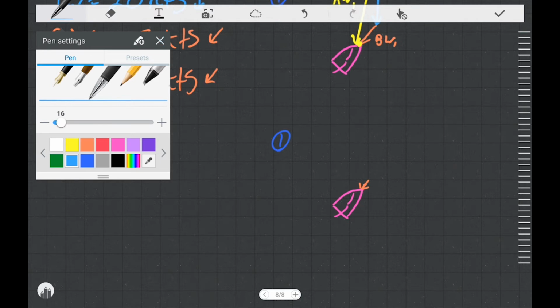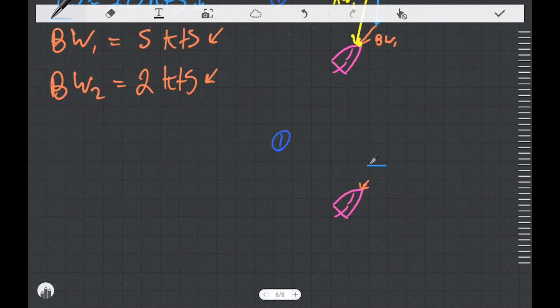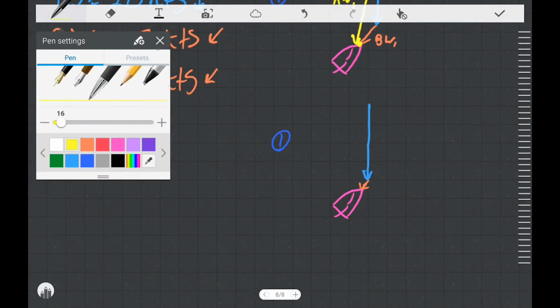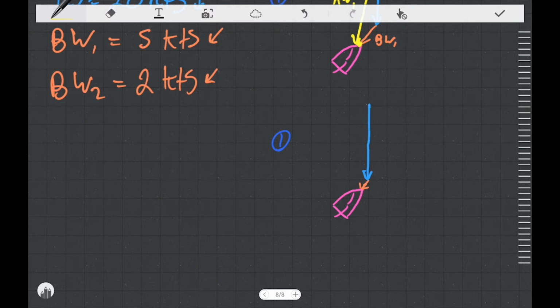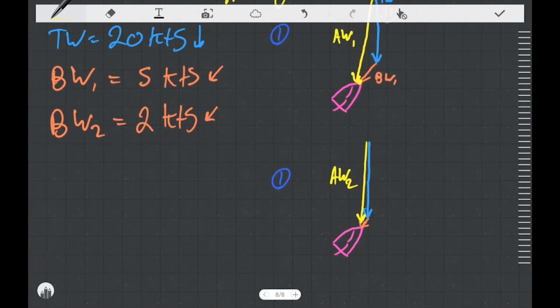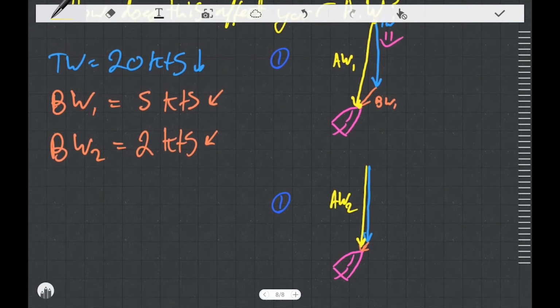To that, we're going to add the same true wind that we added before, so that's 1, 2, 3, 4 is 20 knots. And what we're going to see happen with the apparent wind, hopefully, is that it's shortened a little bit, and it's rotated. So which way is it rotated? Let's take a look.